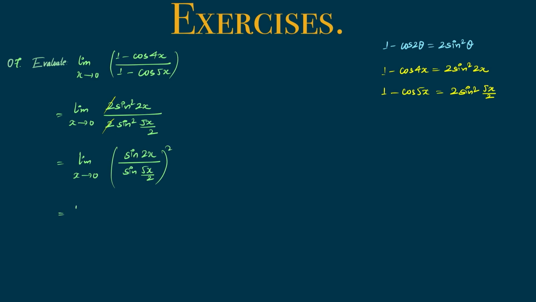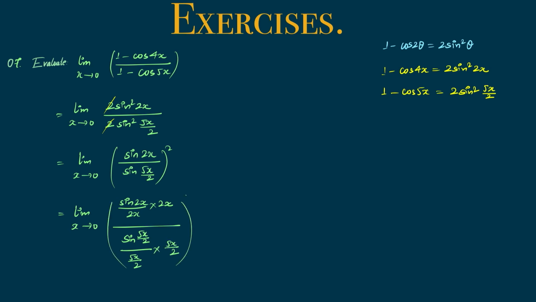Now inside sine 2x, I'll divide by 2x and multiply by 2x, and in the denominator also I will do the same way, sine 5x by 2 whole divided by 5x by 2 into 5x by 2.